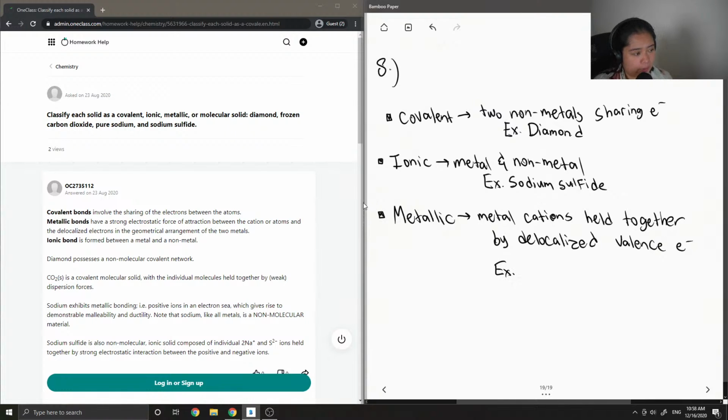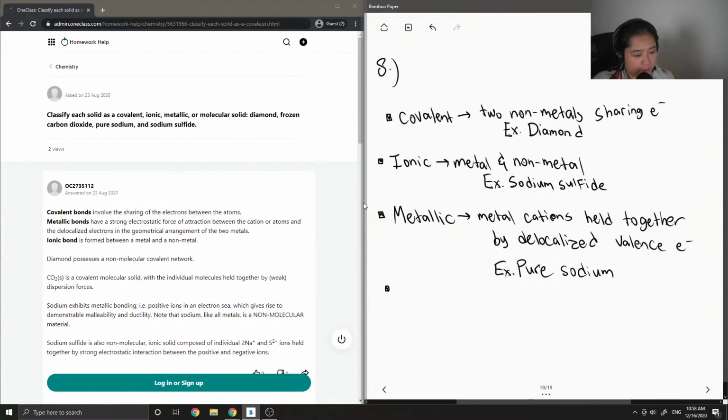So an example of a metallic solid would just be pure sodium. So it's not bonded with anything else, it's just pretty much sodium ions that are held together.